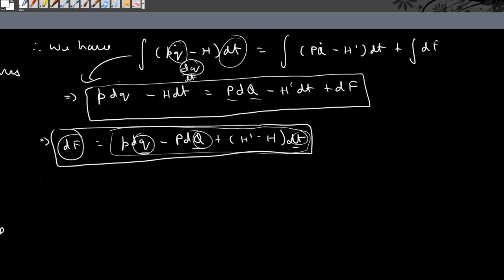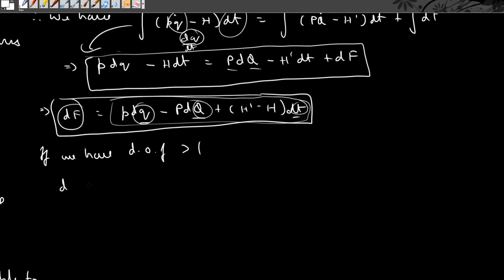Same thing, if we have degrees of freedom greater than 1, this same equation will look like df equal to summation p i dq i minus summation P i dQ i plus H dash minus H dt.